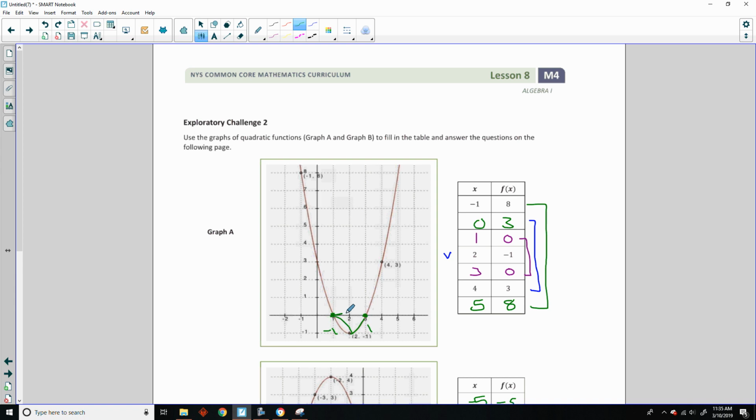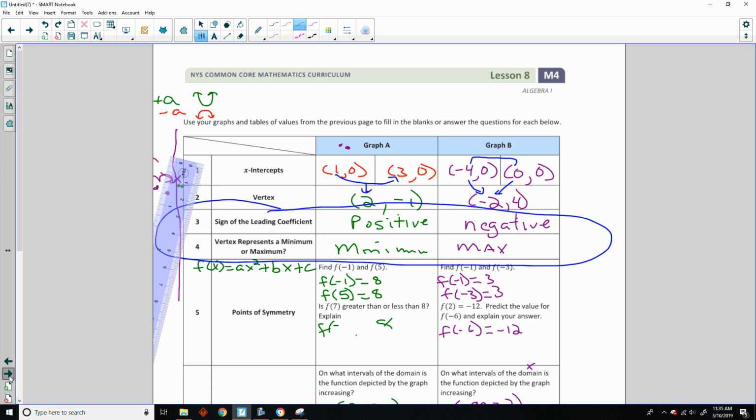If I drew a horizontal line across here, remember what I said, slope is the same as average rate of change. So the slope of the line between these 2 points, the segment, is 0.